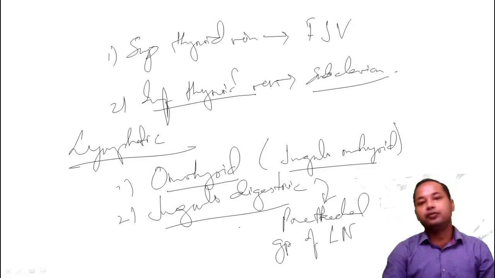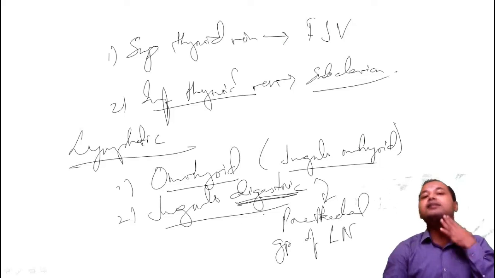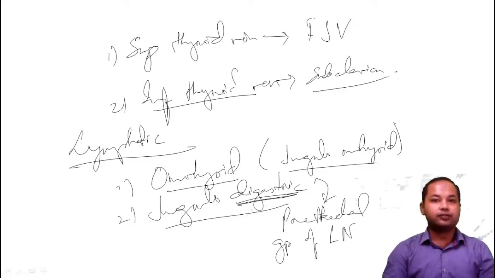Then there is the jugulodigastric group of lymph nodes, which is very near to the digastric muscle. It is somewhere here, these group of lymph nodes. The omohyoid muscle is somewhere here, and the digastric muscle is somewhere here. So basically the thyroid gland is draining into these group of lymph nodes and the parathyroid gland is also draining into the same.